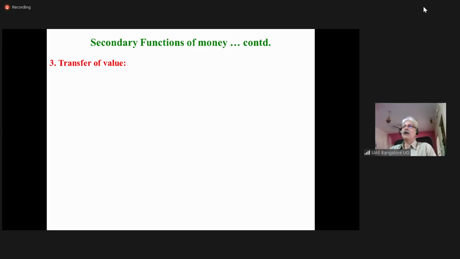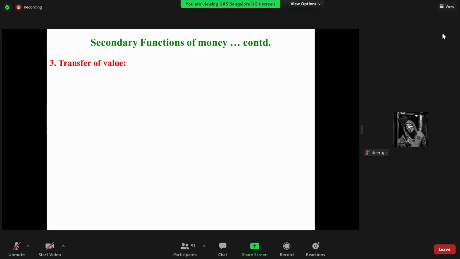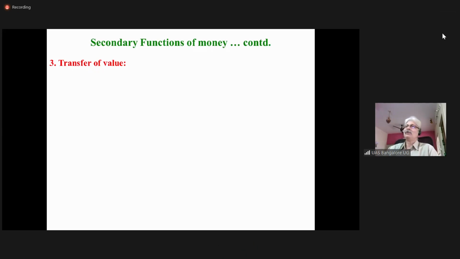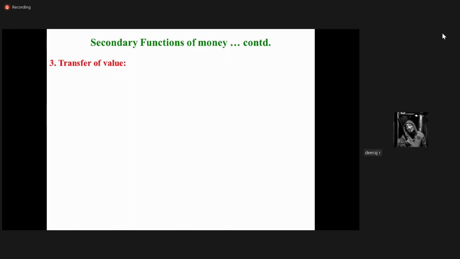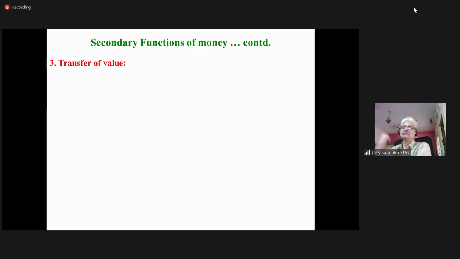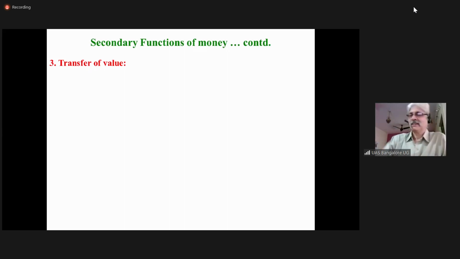Now the person in Assam, he has tea, and you in Bangalore, you have, say, rice, and you would like to transfer rice to Assam and maybe purchase tea from him. But the problem is, the person in Assam, he is ready to sell the tea.